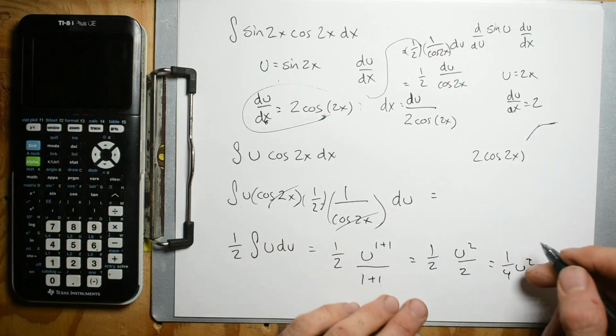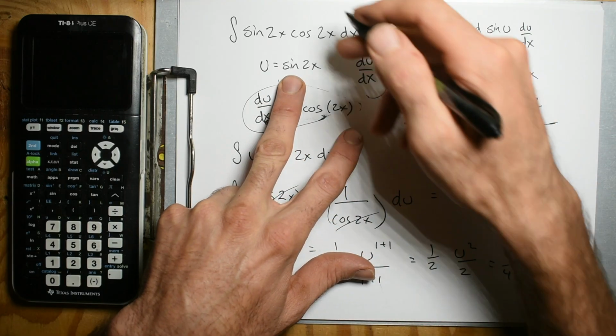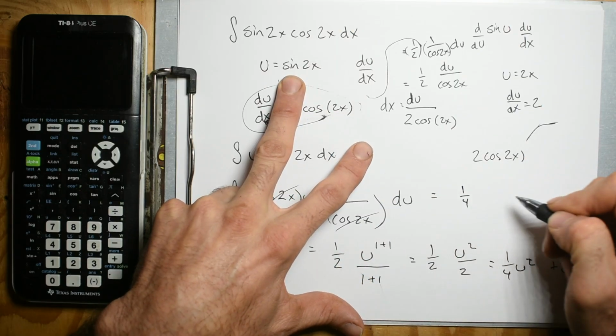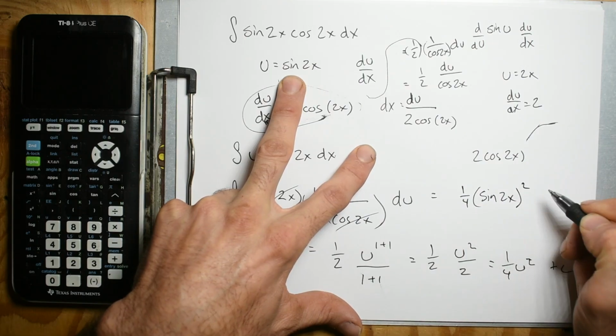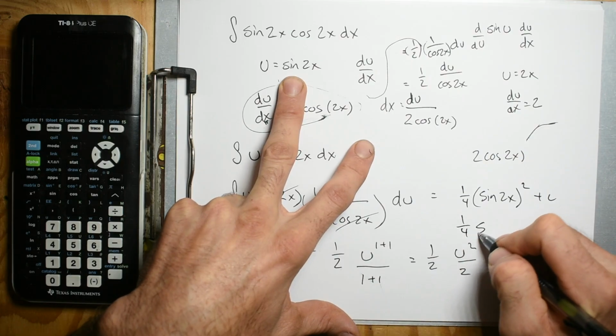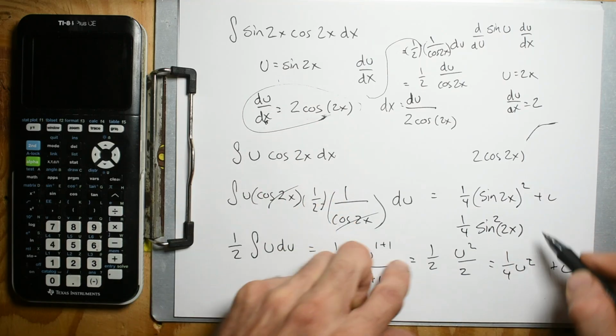And hell yeah. And so put back our u term, and our u is this. So the integration of this, plus a constant, is going to be 1/4 sine 2x all squared plus a constant. Now, they're going to probably have you write it like that, which is just mind-numbing. I like it like this.